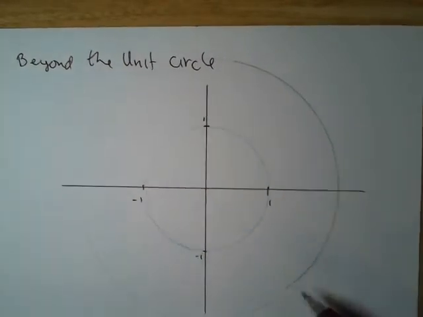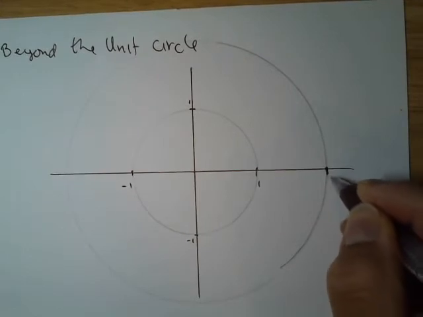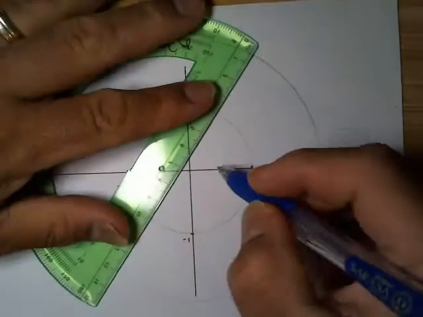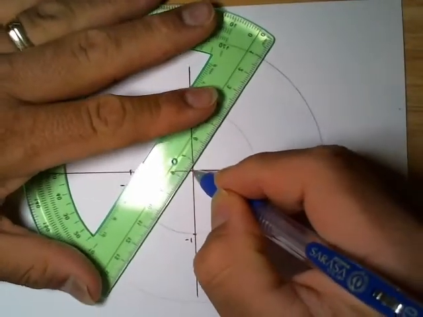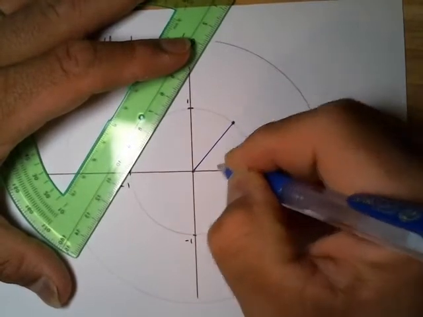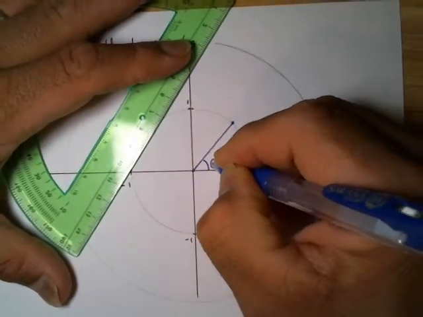All right, and then let's call this bigger circle, let's just generalize it to R. All right, now the way we define the sine and the cosine, again, it was a way to relate an angle theta to the point xy here, right?